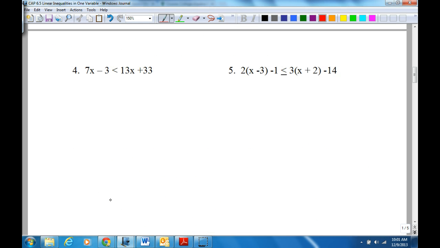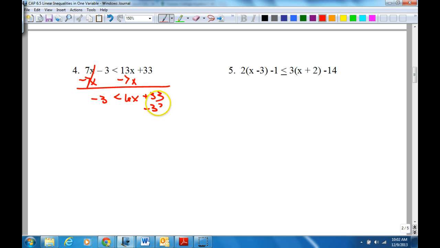So on this very first one, we need to make sure that we have our x's on one side of the equation. Which one do you want to move, the 7x or the 13x? 7? Okay, so let's take the 7x. I have negative 3 is less than 6x plus 33.